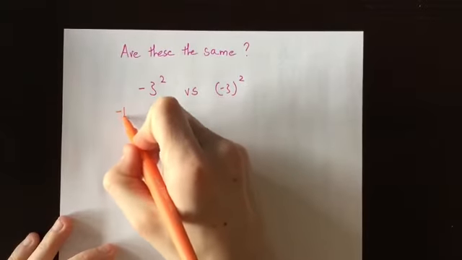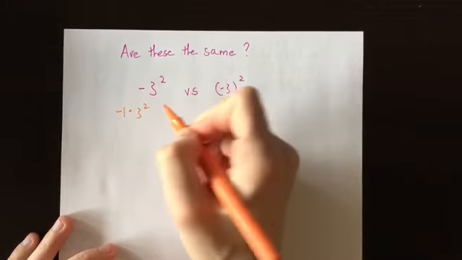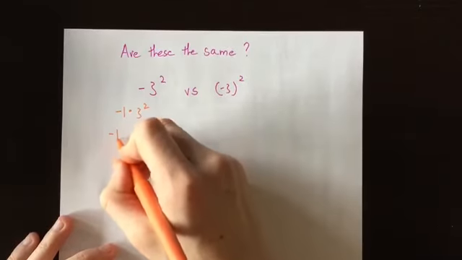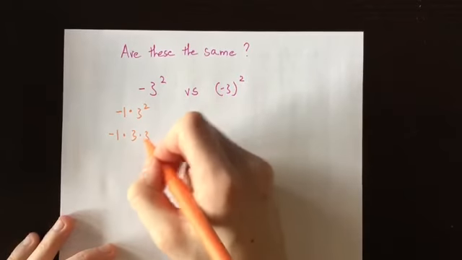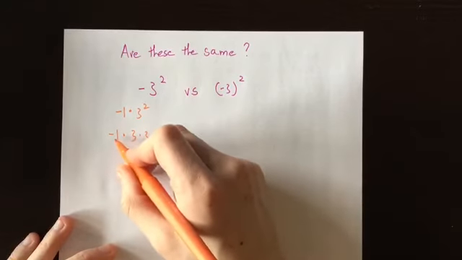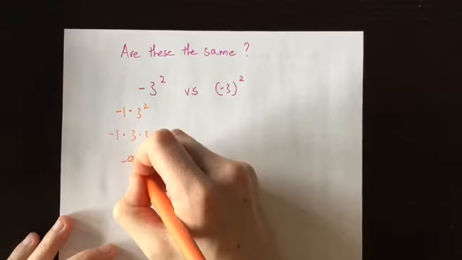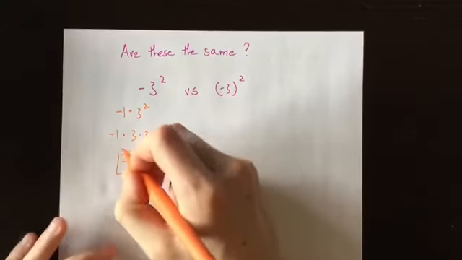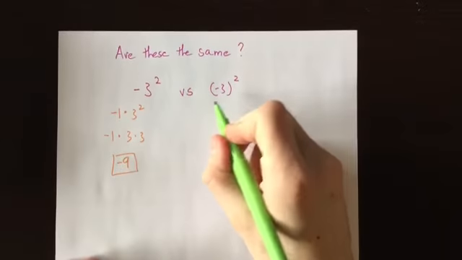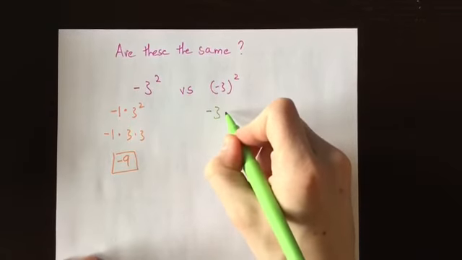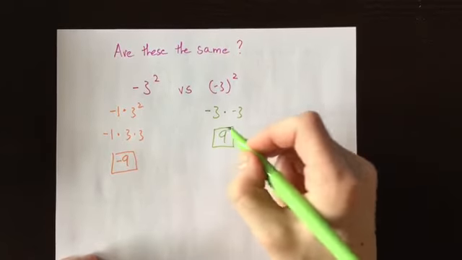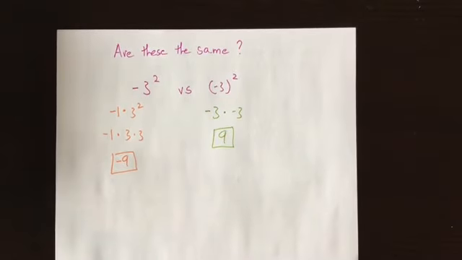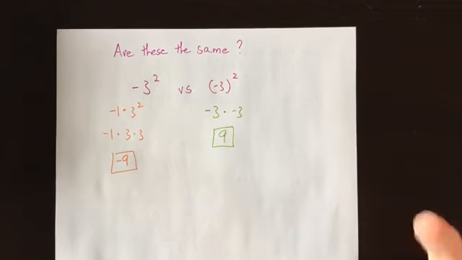Without the parentheses, this is -1 times 3 squared, which will be -1 times 3 times 3, or -1 times 9, which is -9. And with the parentheses, the base is -3, so this is -3 times -3, which gives us a +9. This is a fact we'll keep coming back to throughout the week, okay?